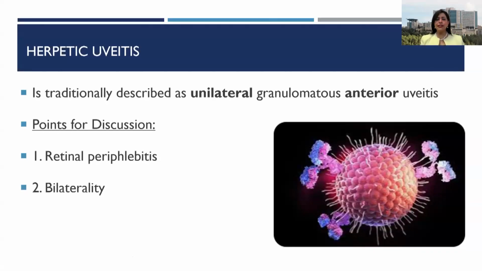So as we have learned, herpetic uveitis is traditionally described as being a unilateral granulomatous anterior uveitis. And the points for the discussion today are number 1, the development of retinal periphlebitis, and number 2, the bilaterality.